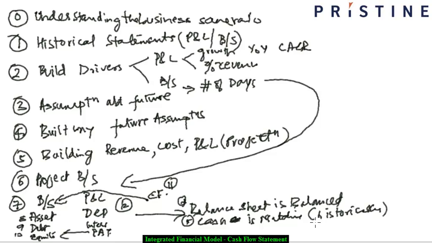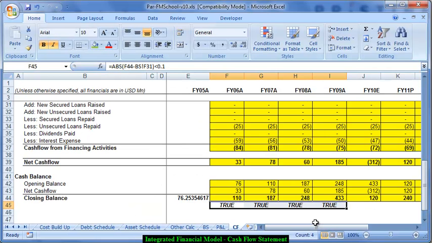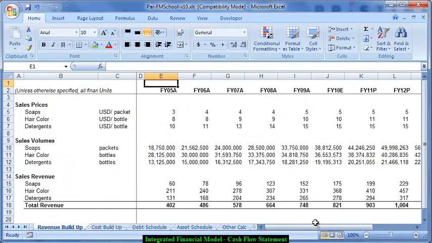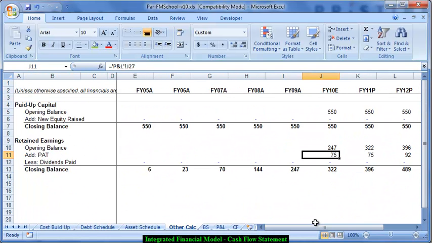Right now we have sort of reached a stage where we have a substantial amount of our model completed. It's a fairly integrated model, and it's a fairly complex model as well. What I suggest is that you make sure that at this point of time you are up to speed with what we have been doing till now, and you can create these integrated financial statements.